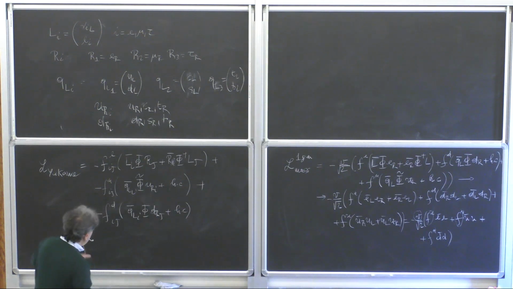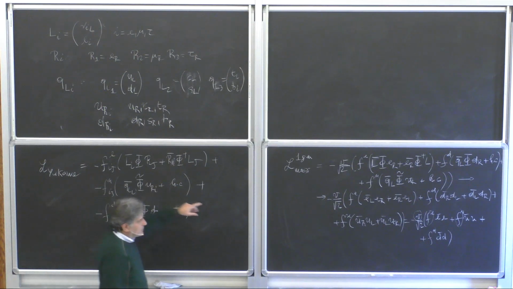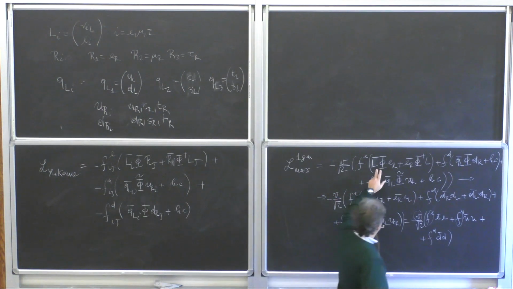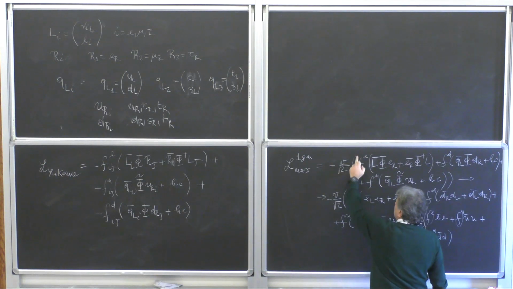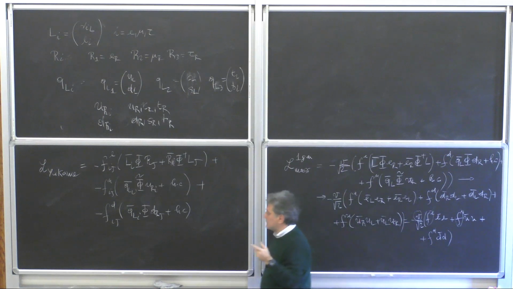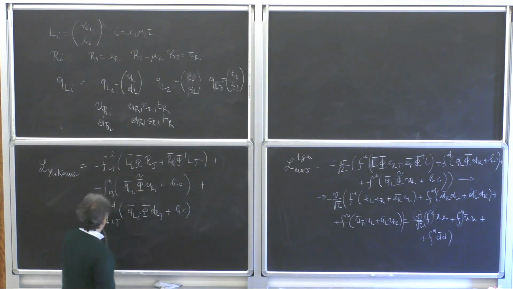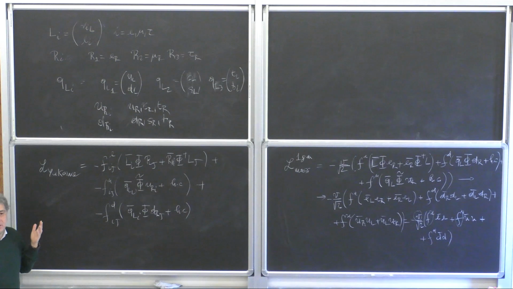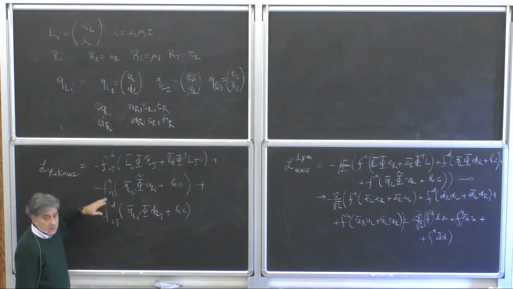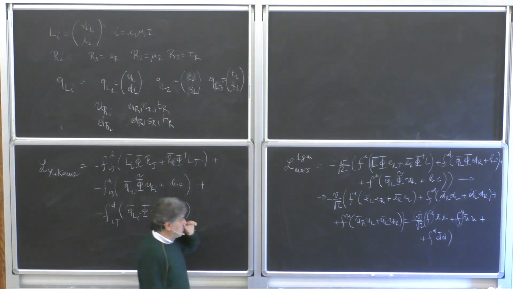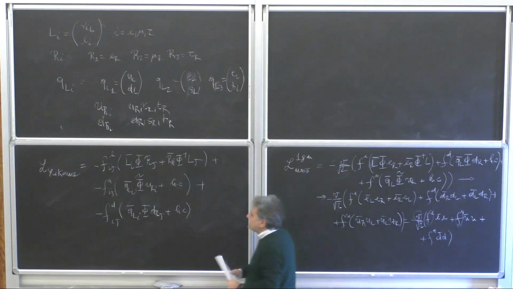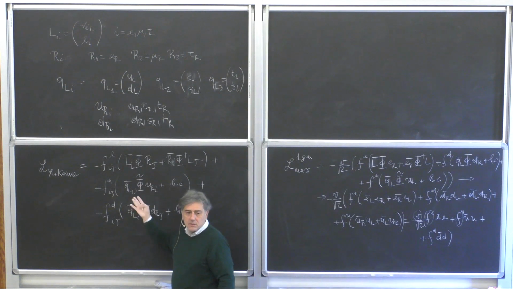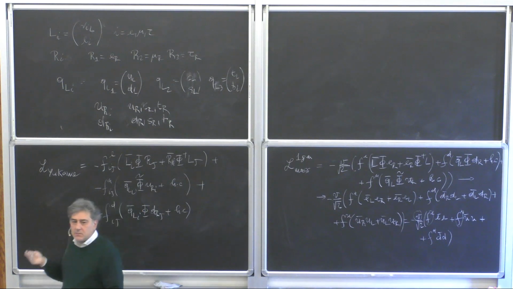So the structure is exactly the same, but now we have two different indices here, and this, that was a coefficient, is now a matrix. And there is no reason why this should be a diagonal matrix. These three matrices can be complex, arbitrary matrices, since we respect, in this way, the initial gauge symmetry.